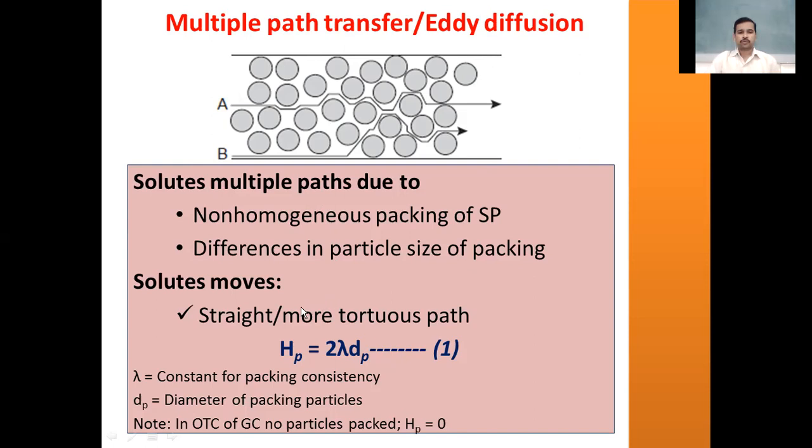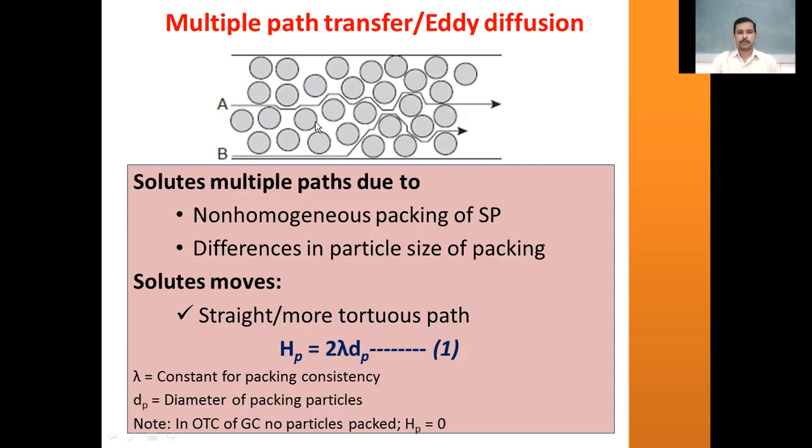So there are only two choices for the solutes to move: a straight path or a more tortuous path. Some solutes will be moving in a linear way, straight towards the detector, and some solutes will be moving haphazardly by taking a tortuous path.